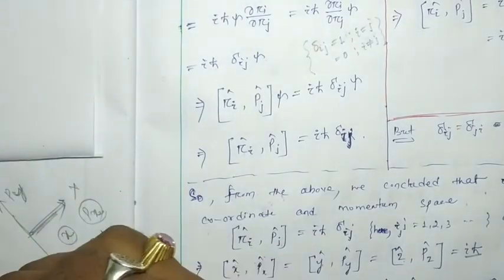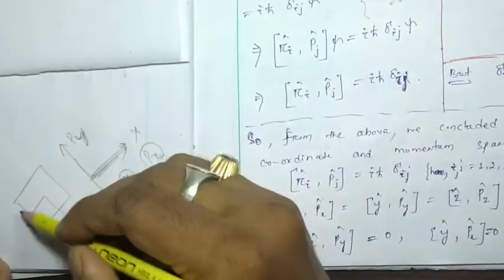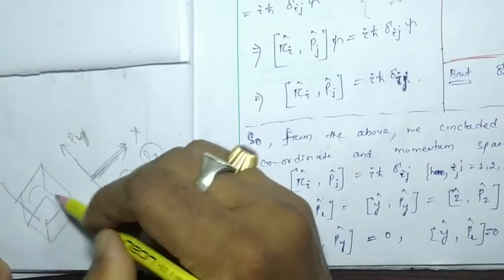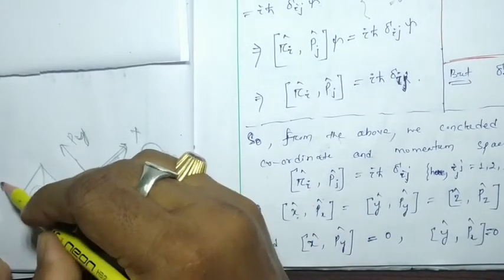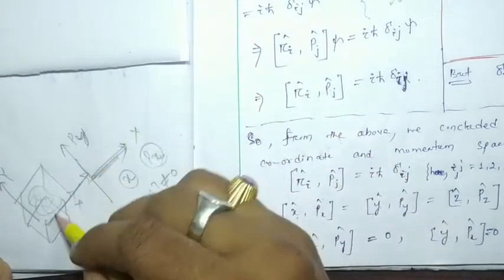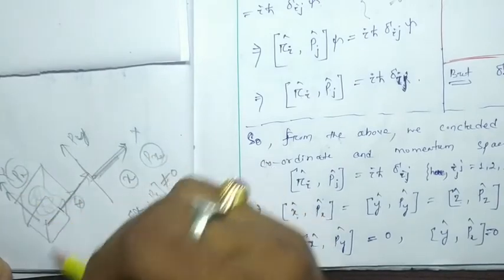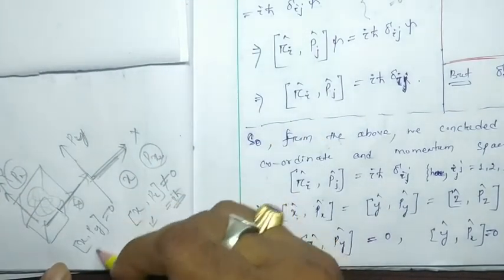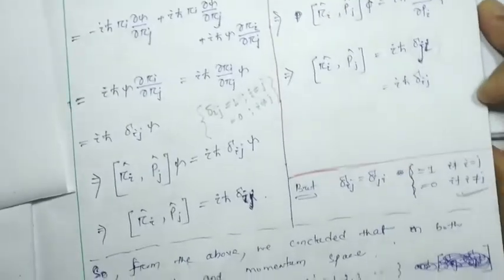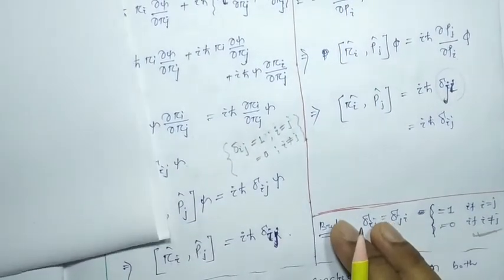Suppose we consider 3-dimensional dynamics, the particle is moving in a 3-dimensional way, so it has both position and momentum along the x axis and along the y axis. So the position along the x axis and the momentum along the y axis you can measure at a time. That means [x, py] is equal to 0, meaning they commute with each other. That we have derived, observed and confirmed over here.